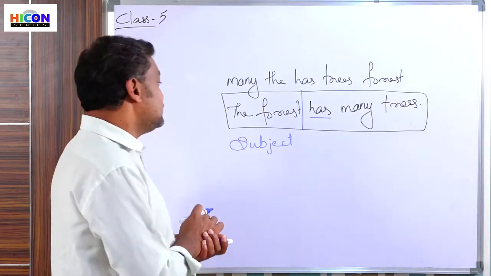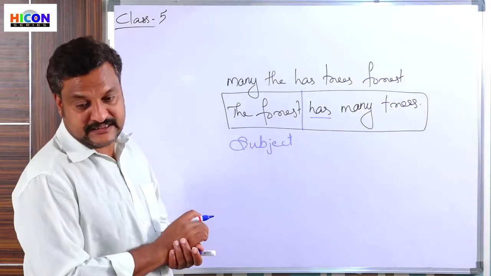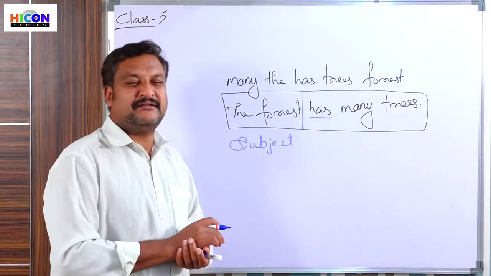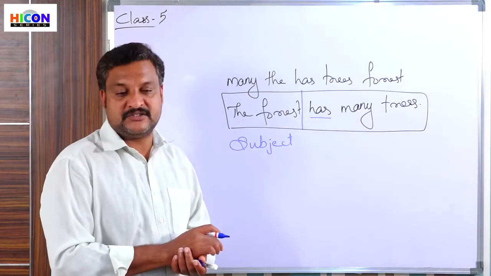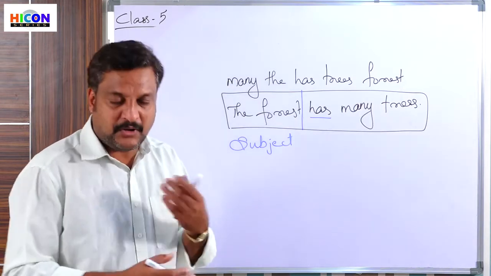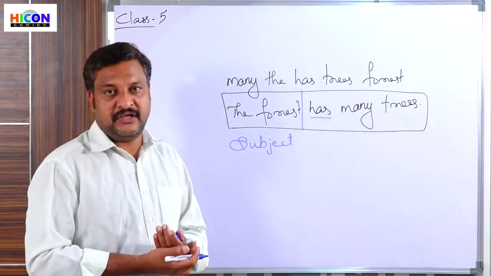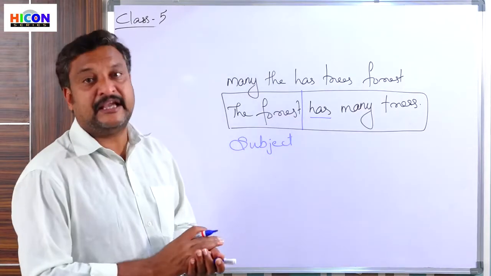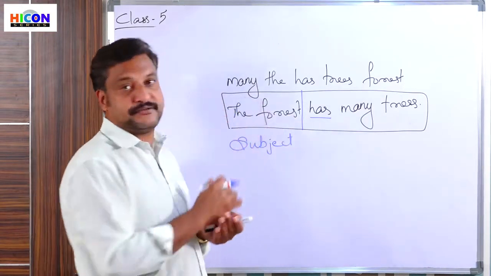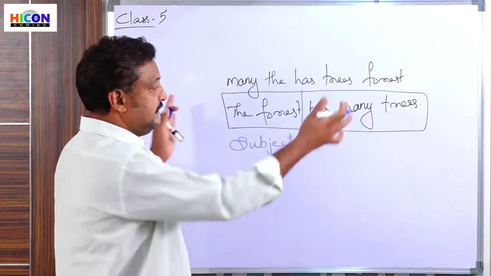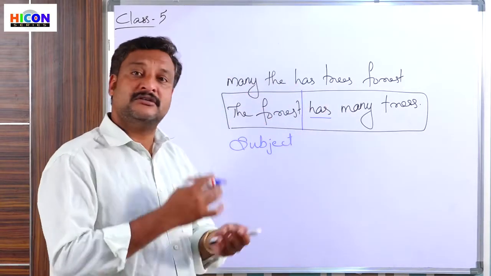The subject of a sentence is usually the name of a person, a place, or a thing that we speak about in the sentence. In this sentence we are speaking about a forest.